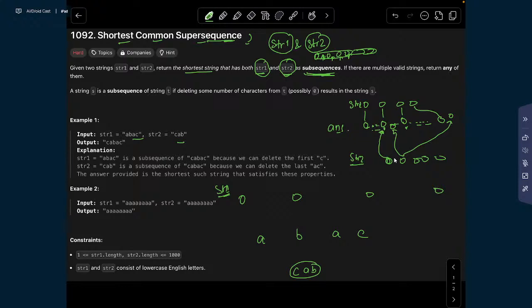So first I would like to see what is the longest subsequence of this particular string that is there in this string. The longest common subsequence of this string in this one. So it's a longest common subsequence.